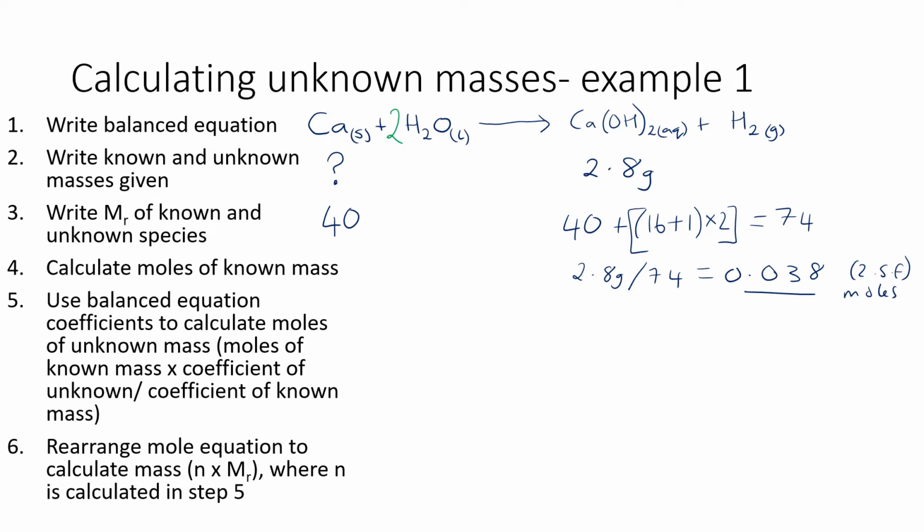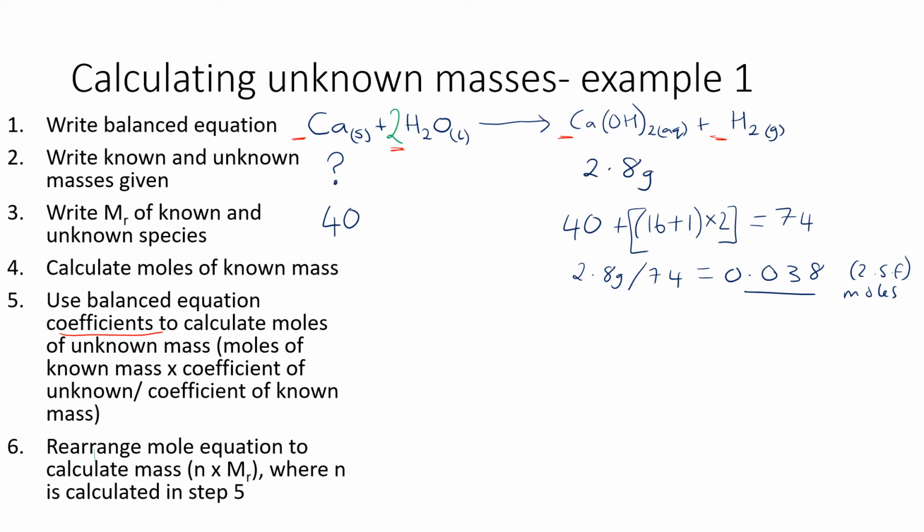Step 5, I'm now going to use my balanced equation coefficients, and the coefficients, as you can see, I've underlined, are the numbers to the left of the chemical. So obviously where it's just 1, we don't typically write the number 1. So I've got 1 calcium, 2 for water, 1 for calcium hydroxide, and 1 for hydrogen gas. And then I've got to use the equation in the brackets.